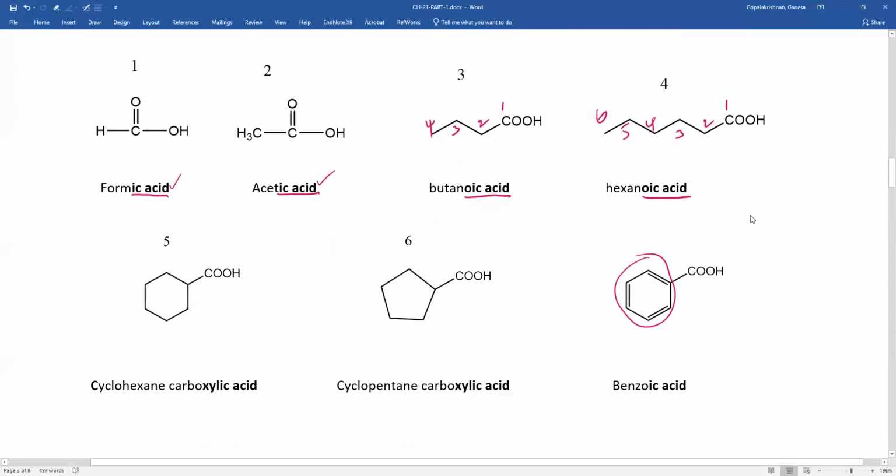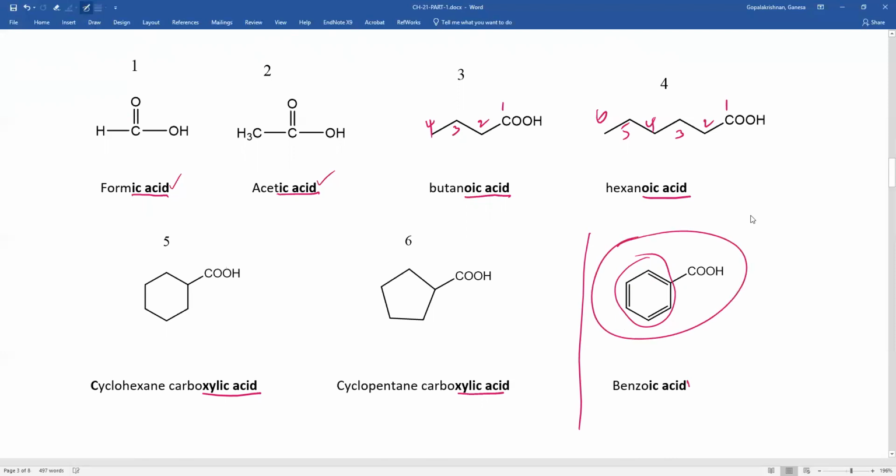We call the 5, we just name the ring and add the words carboxylic acid. They end this way, carboxylic acid. This is cyclopentane carboxylic acid. But this one you cannot use it, even though it has a COOH on the ring. The ring is an aromatic ring. The whole thing has the name benzoic acid.